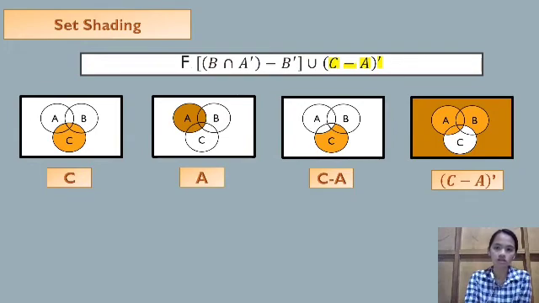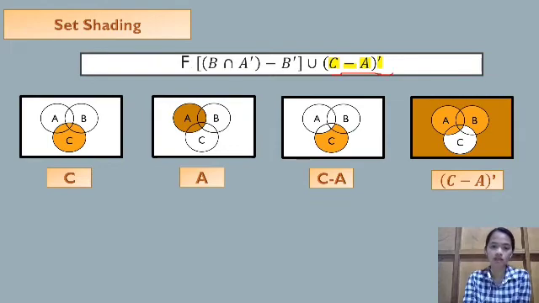Next, now that we are done with B intersection of A prime minus B prime, we go to C minus A prime.